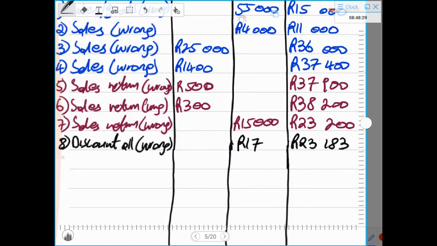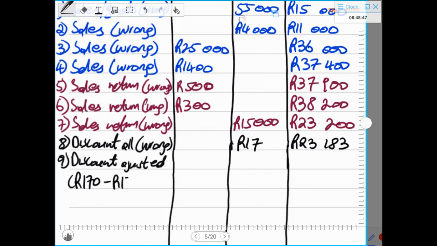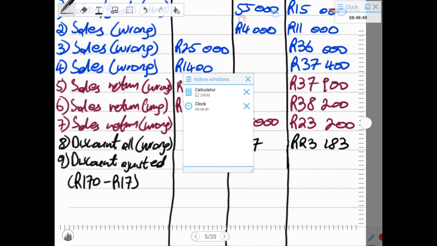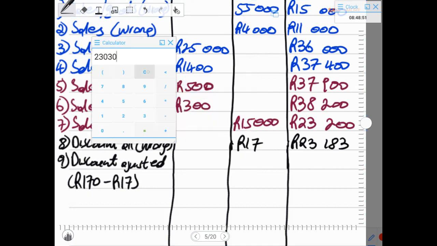Then we have on the 9th, discount corrected, or discount adjusted. Remember, in this case, the discount is on the right side. When it's on the right side, there's nothing to cancel, you only adjust. So we have to say 170 minus 17, which gives us an amount of 153.